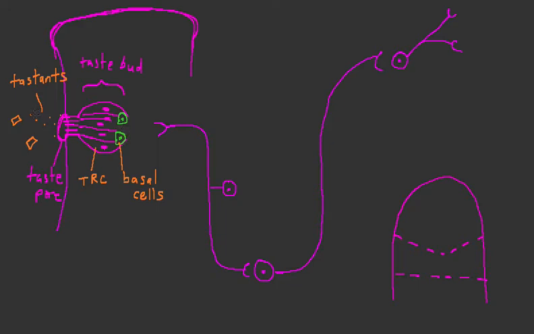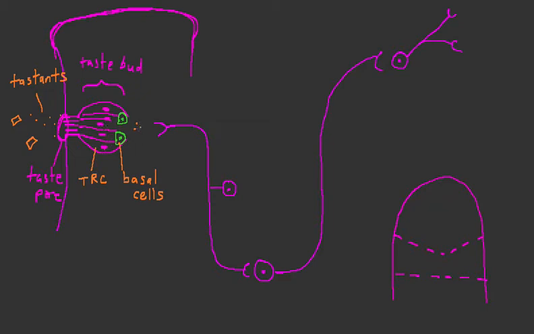So let's say that we had some tastant and just a general pathway that we're talking about now. It would be accepted by some receptor on these microvilli that would then initiate some response within the taste receptor cell. We're going to say it's a depolarization, and that would cause this taste receptor cell to release neurotransmitters.